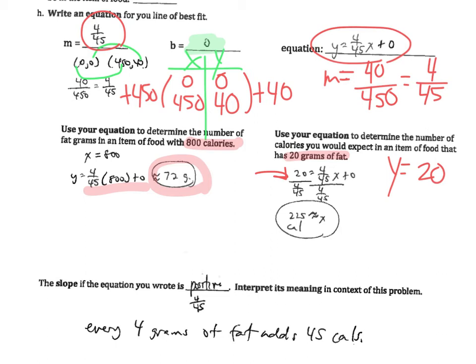To do that, you just have to divide both sides by 4/45 to get x by itself, or you could multiply by the reciprocal, 45 over 4. That would get you the same answer. But for ease, if you have your calculator, you could just type in 20 divided by, parentheses, 4 divided by 45, parenthesis, and you get 225 calories for x, okay? So that's how you use the equation to make some conclusions, right? And that's the power of an equation. It allows us to make predictions down the line, way off the graph, way into the future, okay?